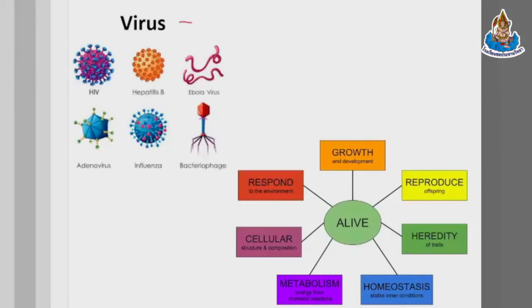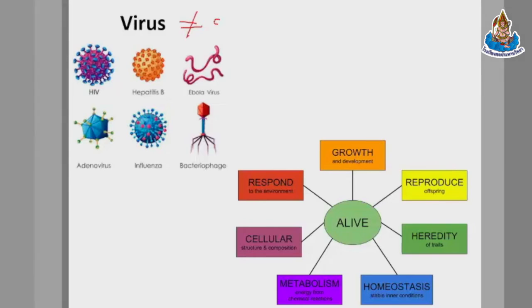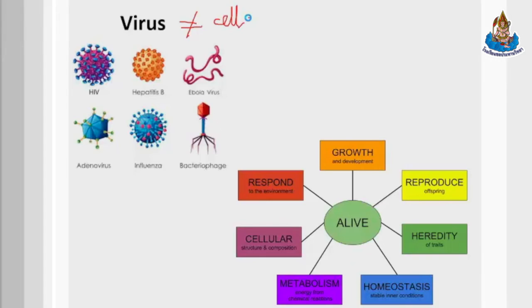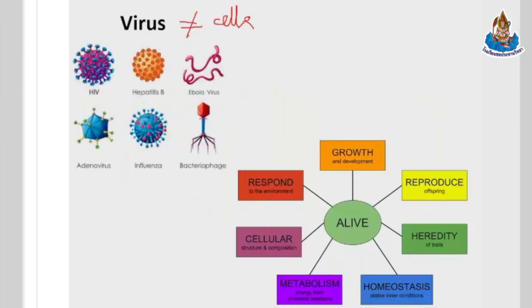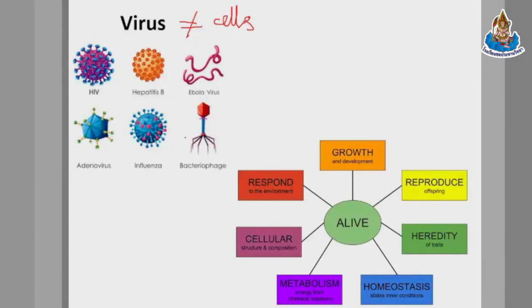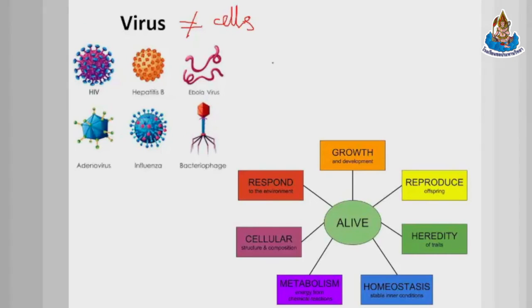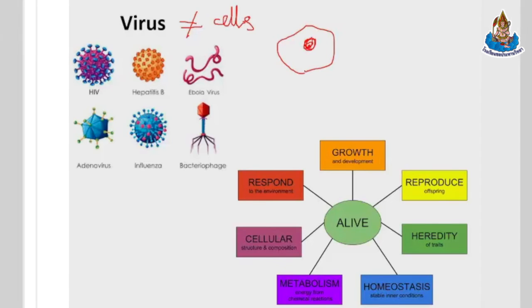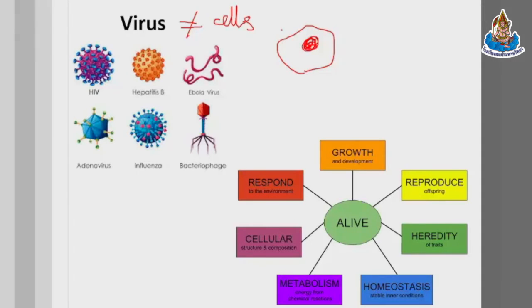They don't have the basic structures of a cell like cell membrane, cytoplasm, nucleus. They don't have these basic structures, so we don't count them as cells. So they don't have these properties of life.